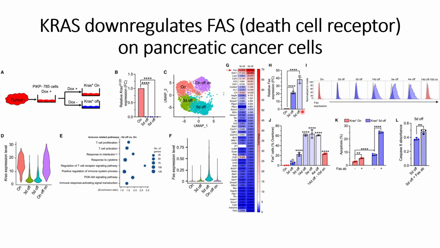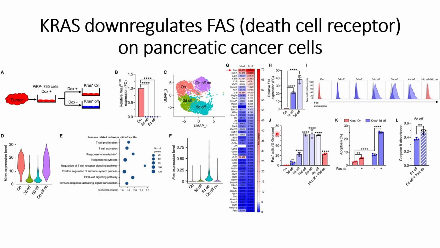They also used flow cytometry to check when the peak of FAS receptor expression occurs, and they found that after 2 weeks there is a peak in the FAS receptors, which continues if KRAS is not expressed until 4 weeks. After that, when KRAS mutations are expressed again using doxycycline treatment, they see a reduction in the FAS receptors.